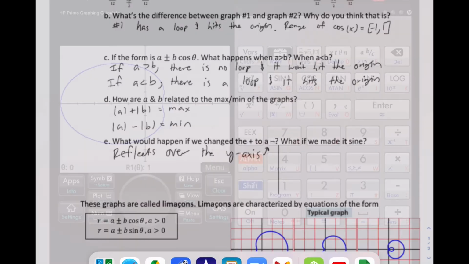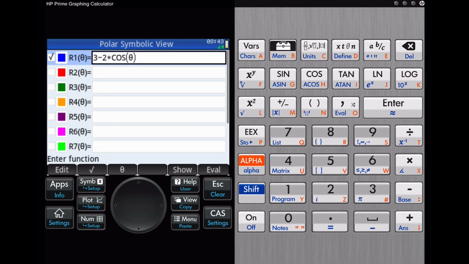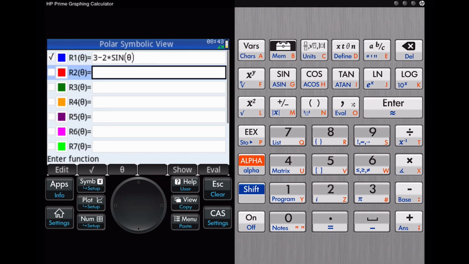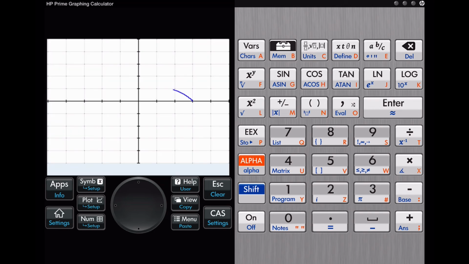What if we made it a sine? So let's go back. This is a cosine graph. Let's change that. Let's put sine. And take a look. So notice how it's definitely different, and actually changed the orientation.